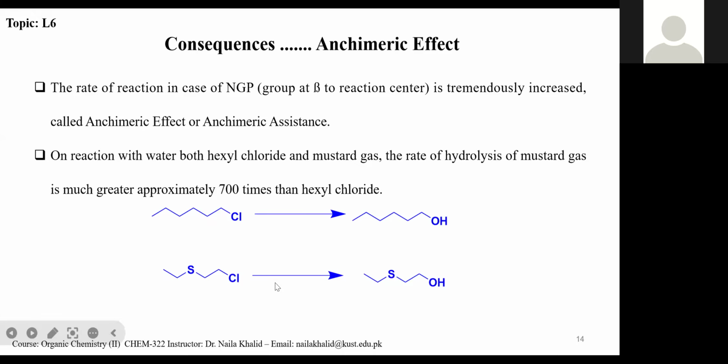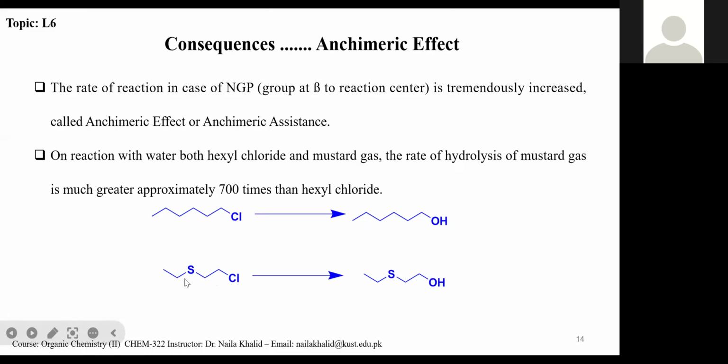If this type of substrate is there, this is mustard gas. The structure of this mustard gas contains sulfur. The carbon contains no electron pair, but the sulfur contains a lone pair. So this lone-pair-containing heteroatom will interact with this carbon, and the chloride will leave.